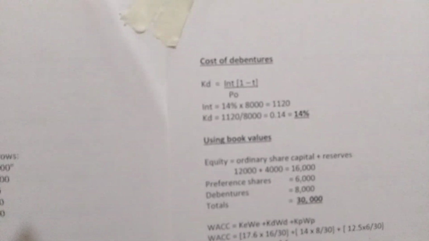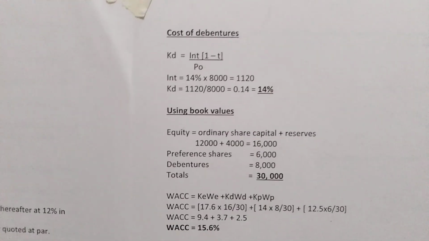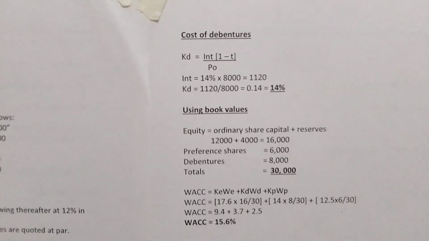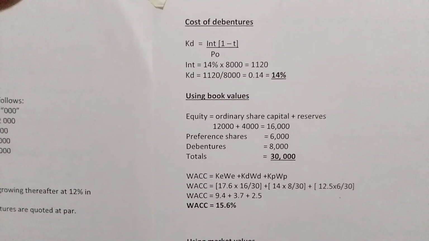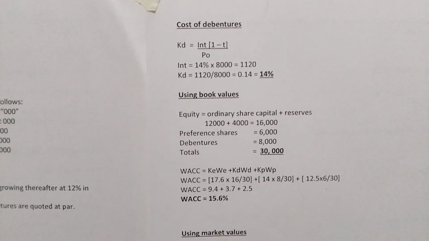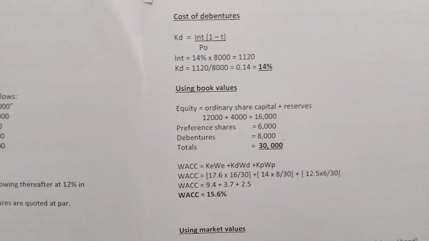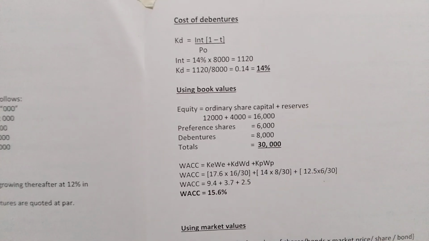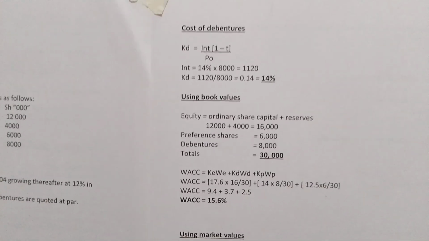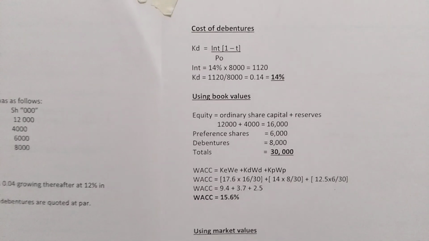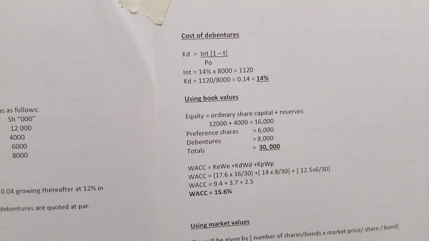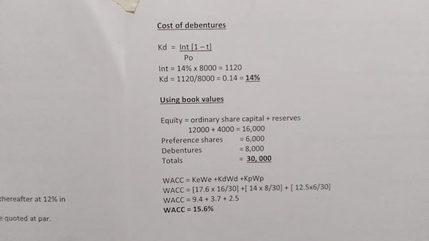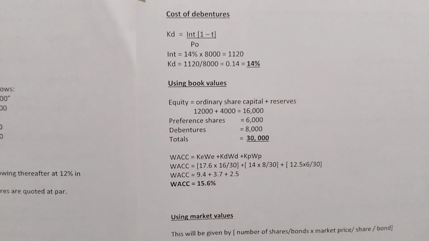Let's move on. You've done the cost of each capital element. Now, let's use book values. I've said that when using book values and you have been given ordinary shares and reserves, you combine both.